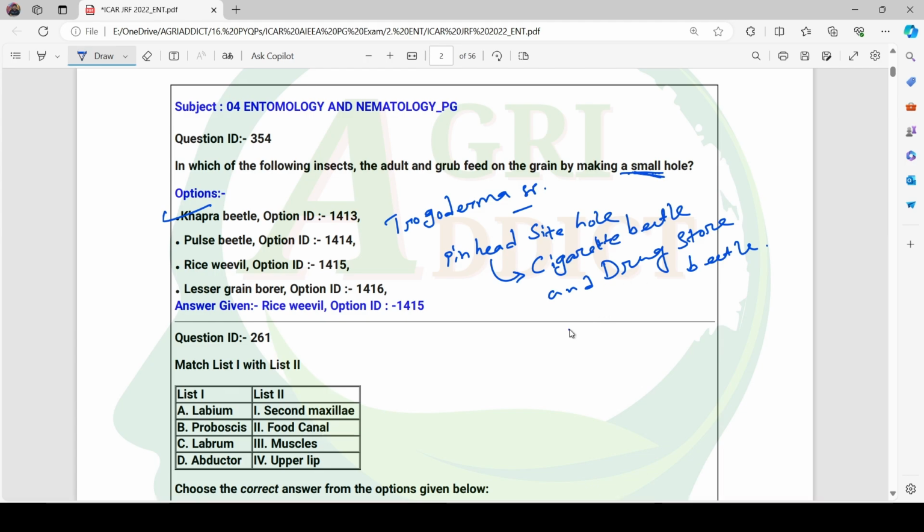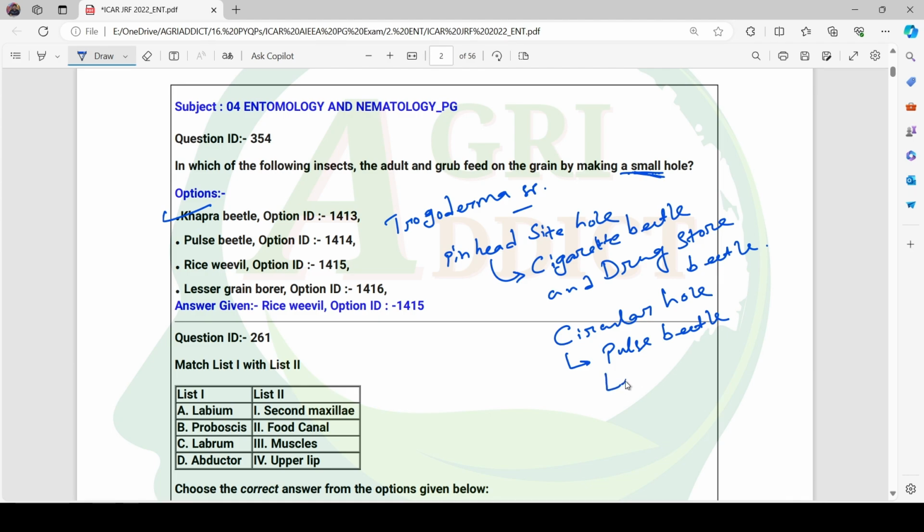Then circular holes are the symptom of damage of the pulse beetle, that is Callosobruchus chinensis of family Bruchidae.